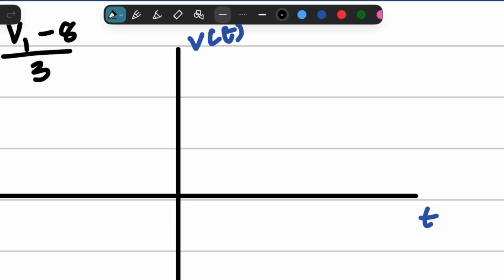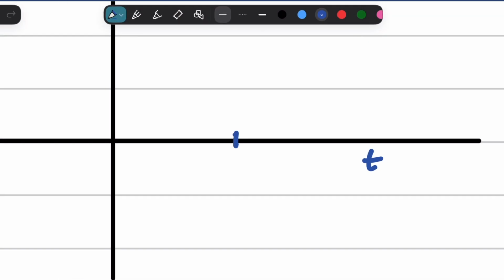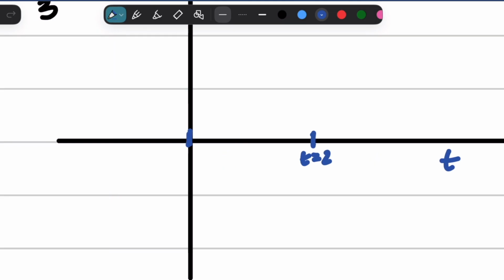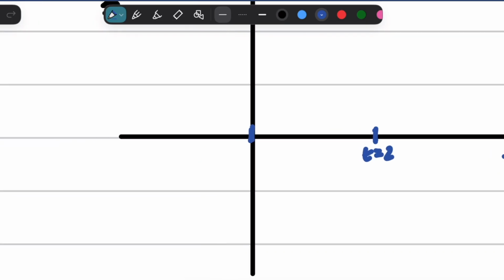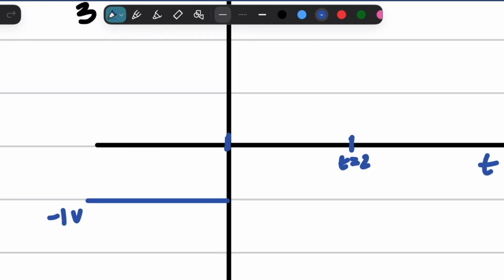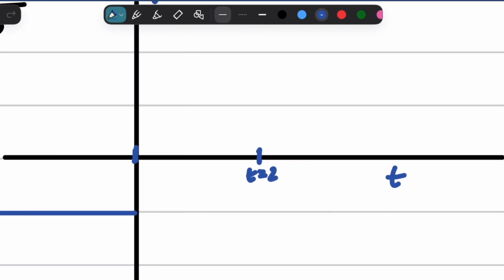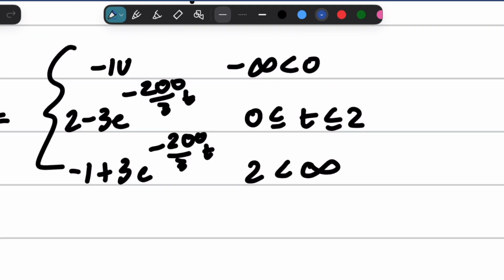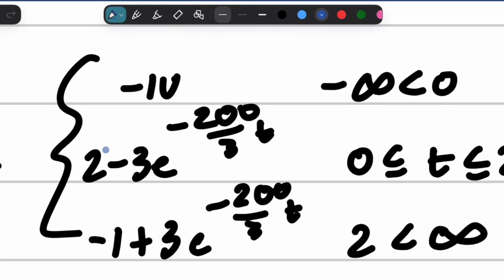So let's go ahead and draw our graph. I'm going to make this a little longer. So we have t equals 2 right here. That's important. And we have, of course, t equals 0 right here. From negative infinity, we are at -1 volt, okay? And then up until t equals 2, we are going to stop at 2.